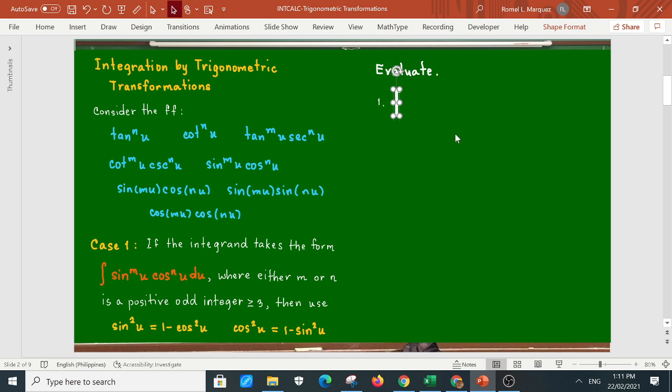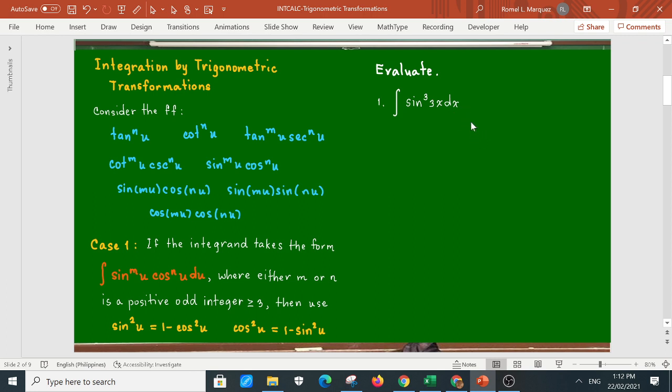Okay, so let's say we're given this integral, sine cubed 3x. This is under case 1. Why? You have a combination of sine with exponent 3, which is an odd integer, and the other power, cosine, is not present because its exponent is 0.